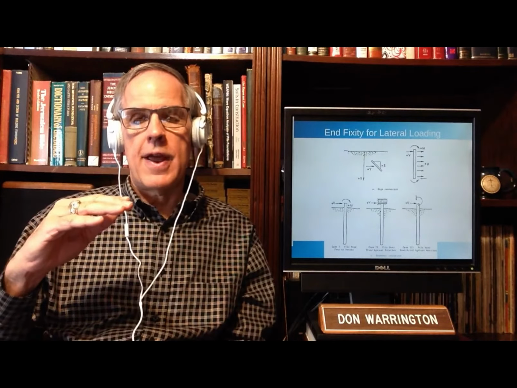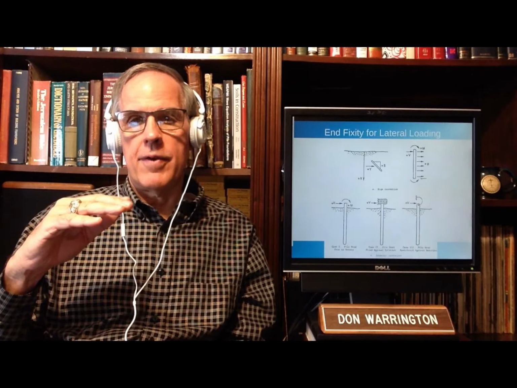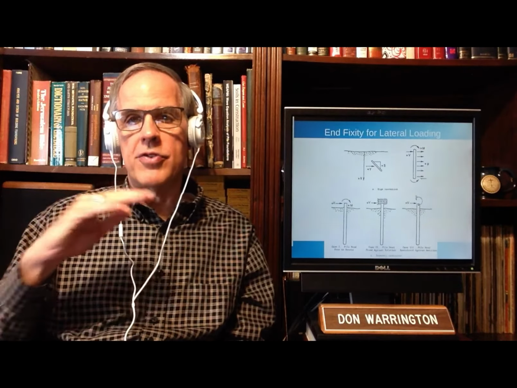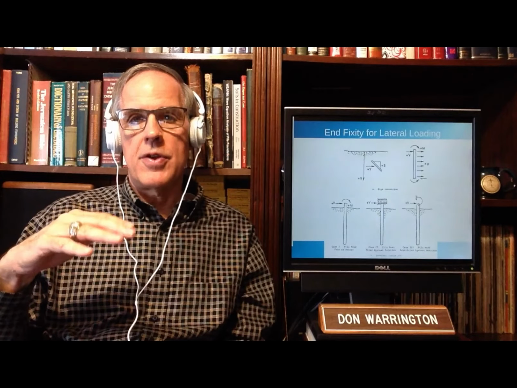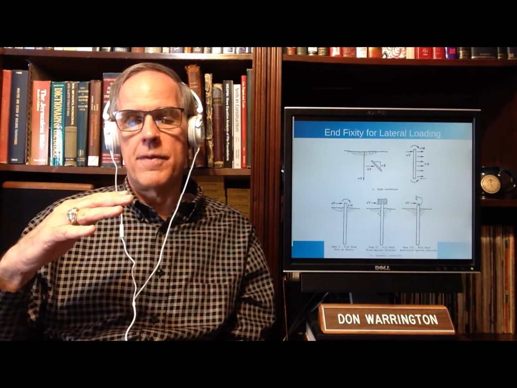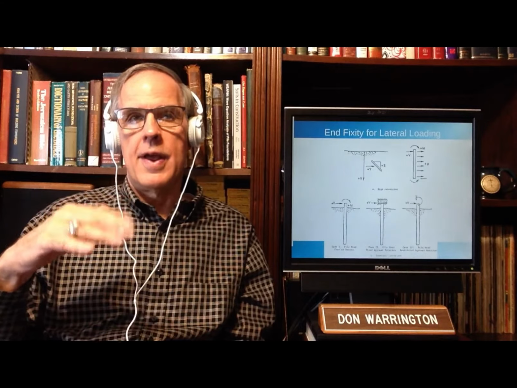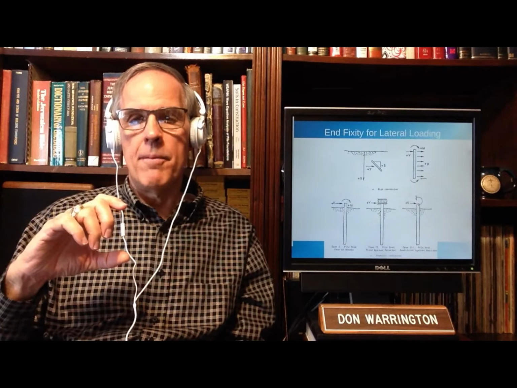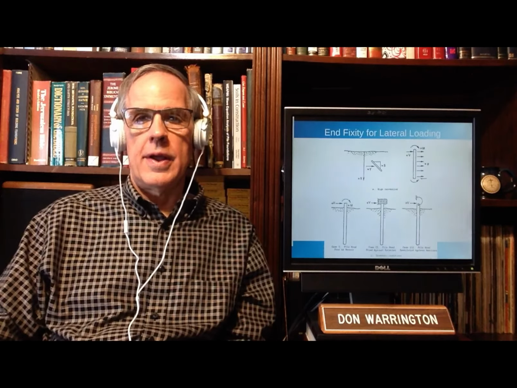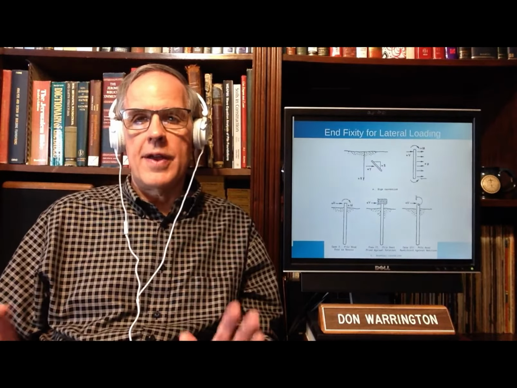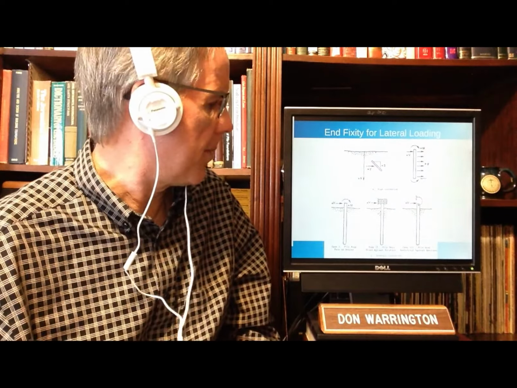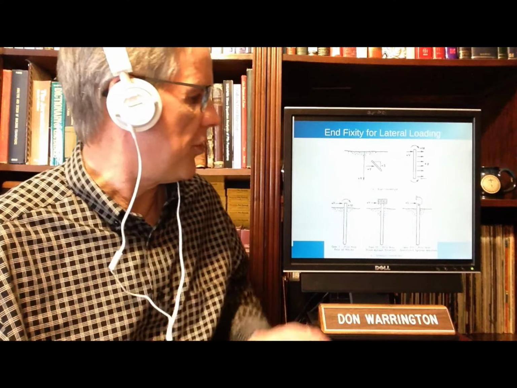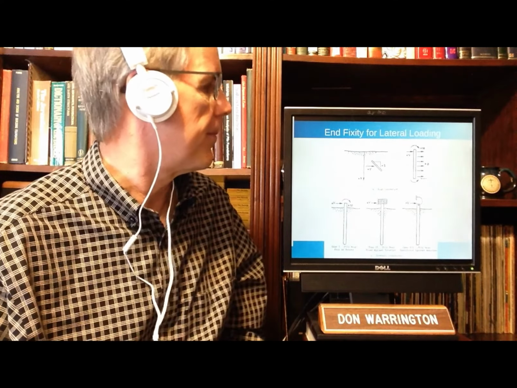Or if we have an X or a Y deflection, we have a spring of some kind that, even though it can deflect, the force is dependent upon how much it deflects. So we have all kinds of combinations. In the case of laterally loaded piles, we're mostly interested in 2, but we also actually have 3.